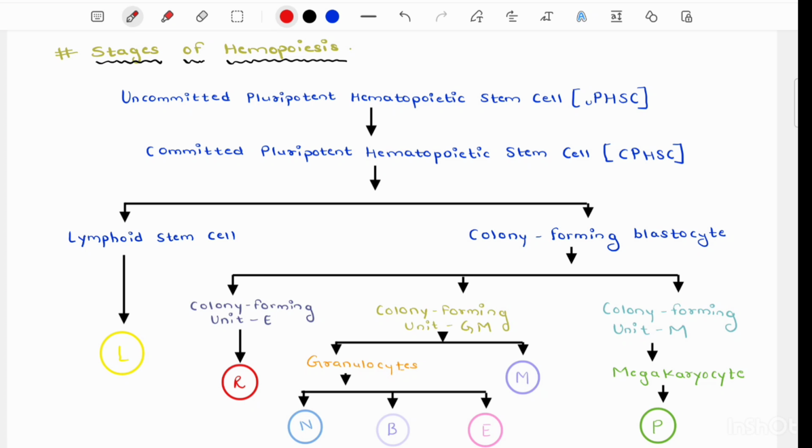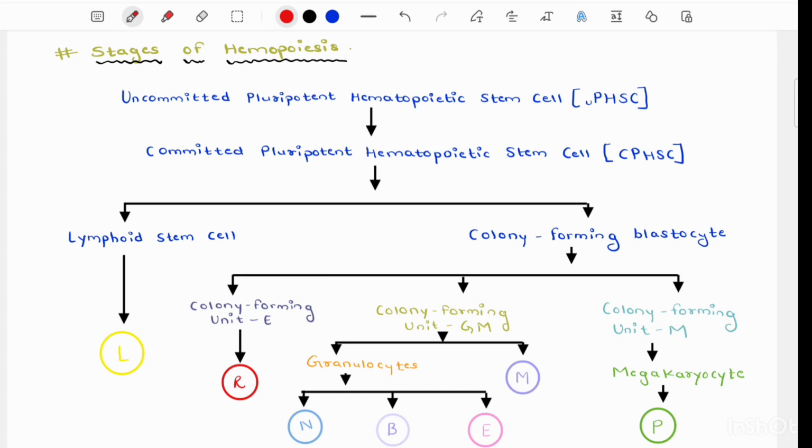This cell can give rise to all the type of blood cells. They are not designed to form a particular type of blood cell. So they are named as uncommitted pluripotent hematopoietic stem cell. When the cells are designed to form particular blood cell, they are called as committed pluripotent hematopoietic stem cell, meaning these cells are restricted to give rise to one group of blood cell.